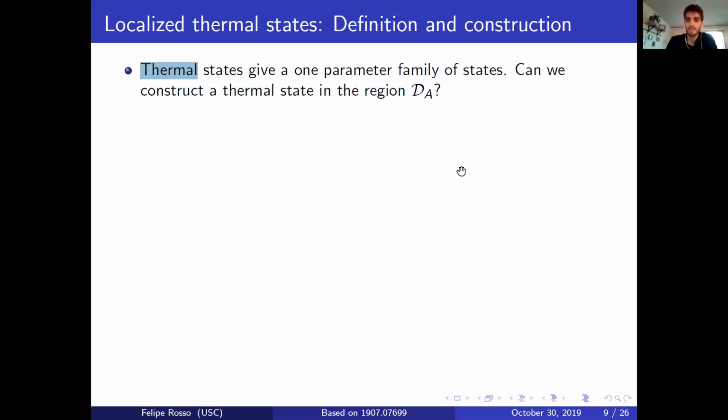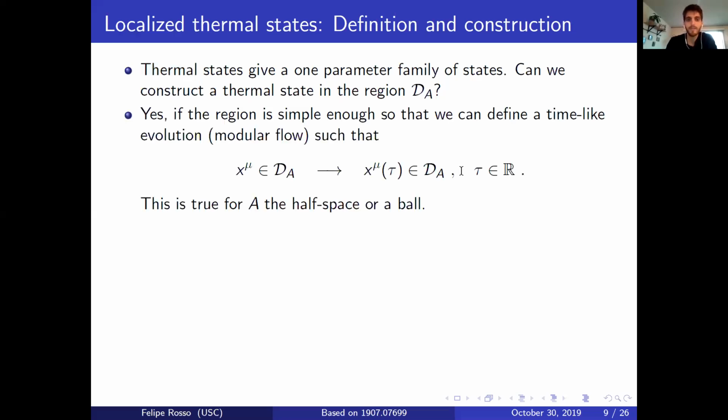And the answer is, kind of yes, but in some cases. What is the idea? The idea is that if you have a simple enough region so that you can define a time-like evolution, okay, given by a parameter tau, a real parameter, such that for any point in the space-time region we're considering, this transformation leaves that point inside of that region.